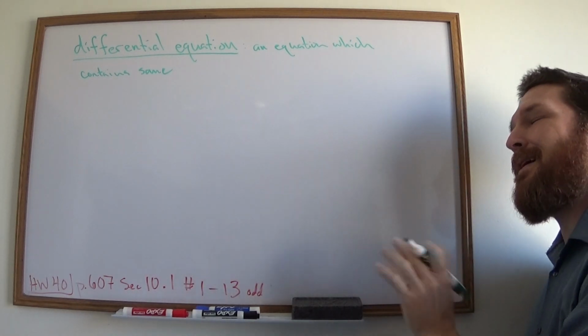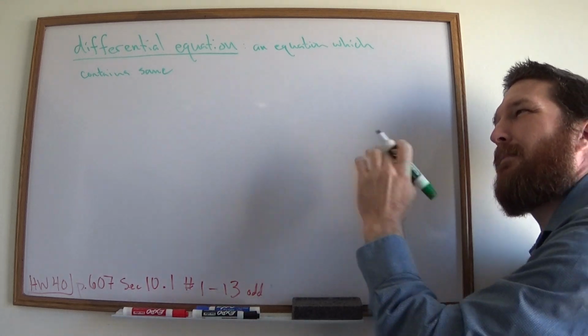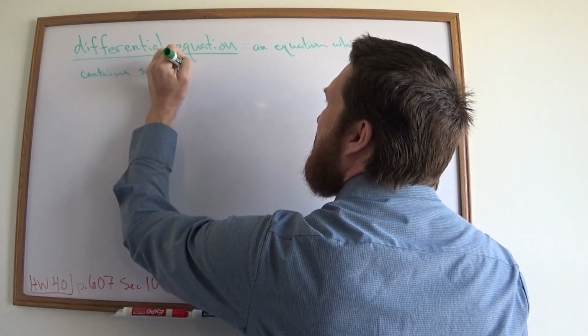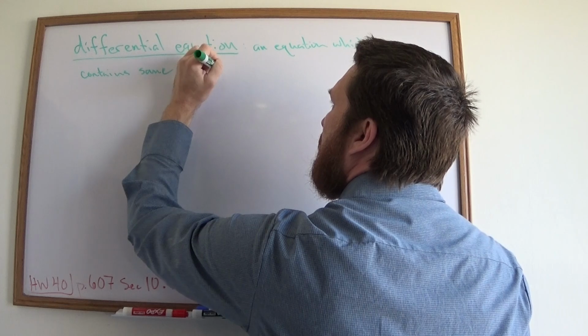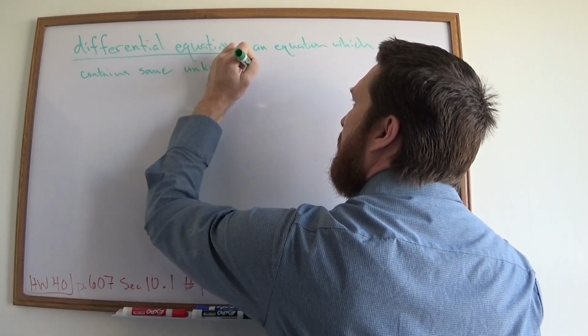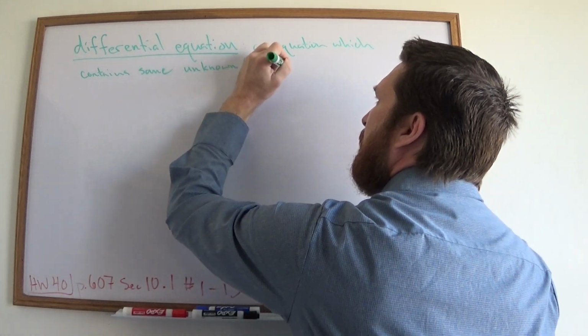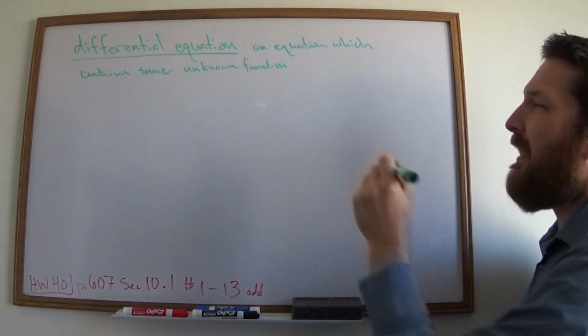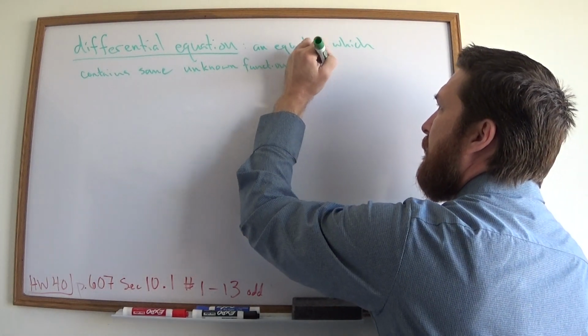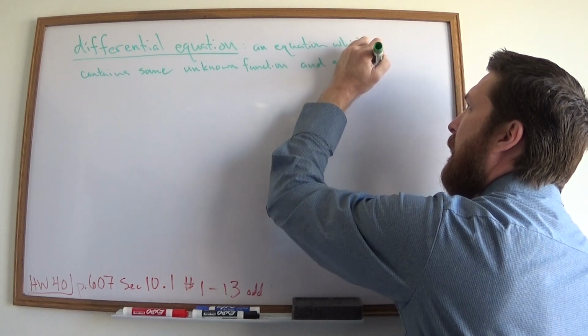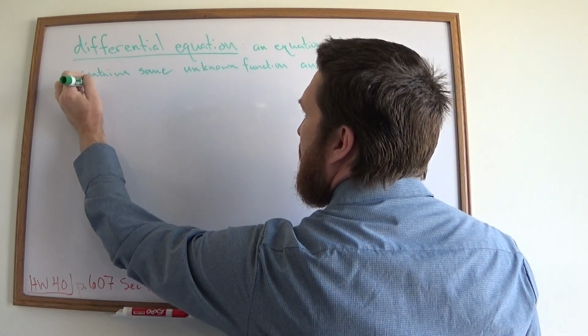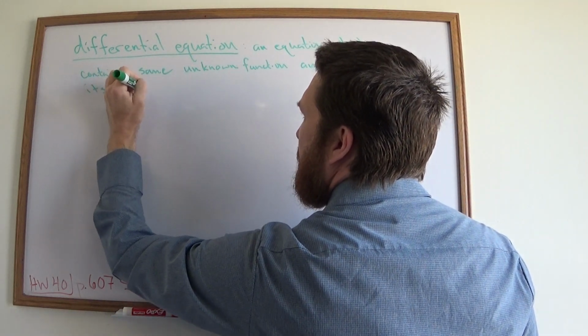Now this is how the book says it. I'm going to write it up here, but we're going to talk about this in a second. It contains some unknown function and some of its derivatives.